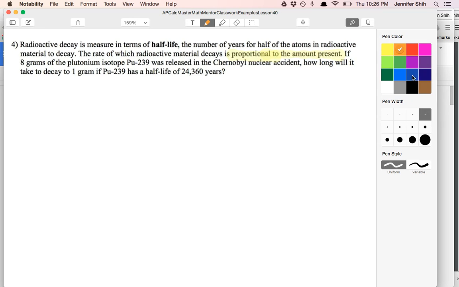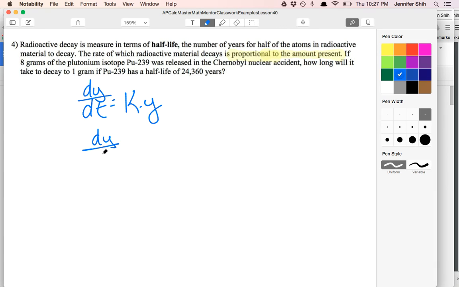So let's start with our rate. The decay rate is going to be proportional to the amount of material that's in there, the same thing we've been doing in all of our problems.